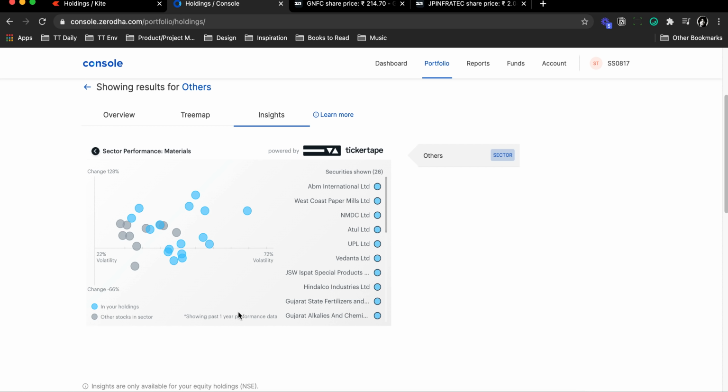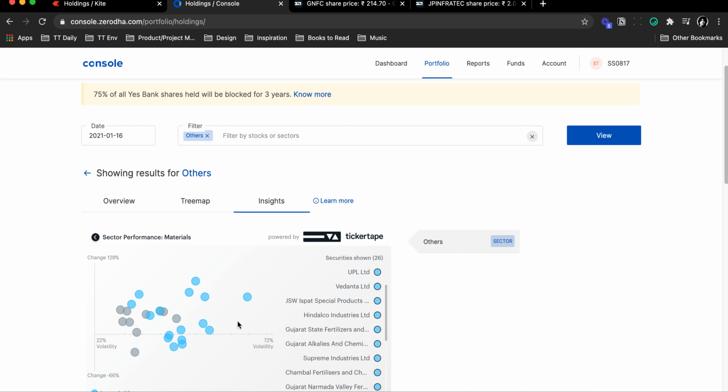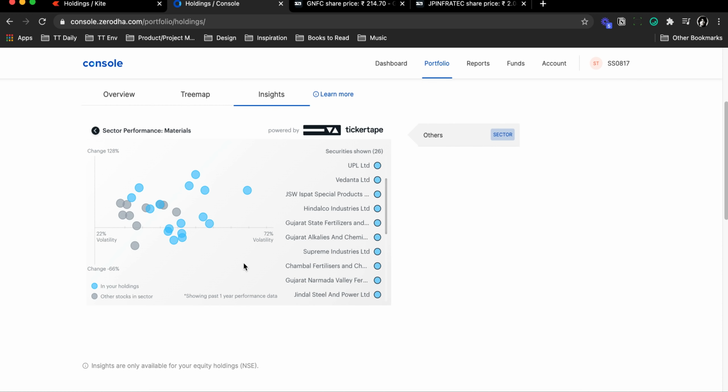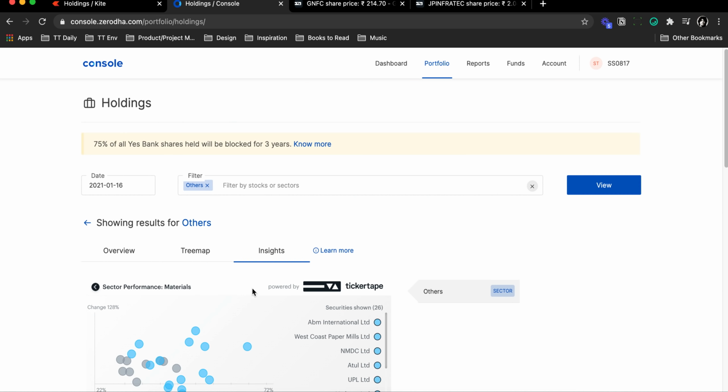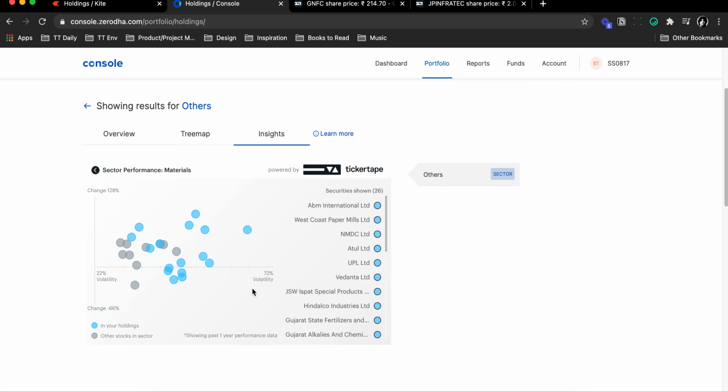And this includes not only the companies that you have invested in, but also other companies in the sector shown over here. And all this information is plotted against a graph which tells you the volatility swing of this particular sector. It's between minus 22 to 72%, right?